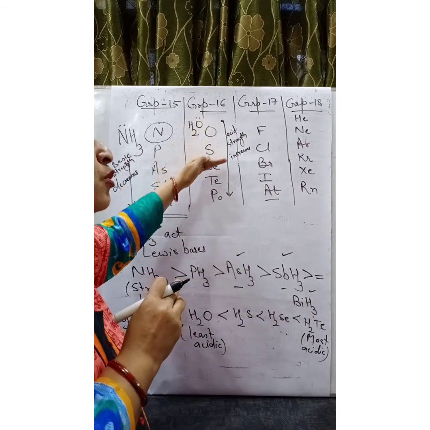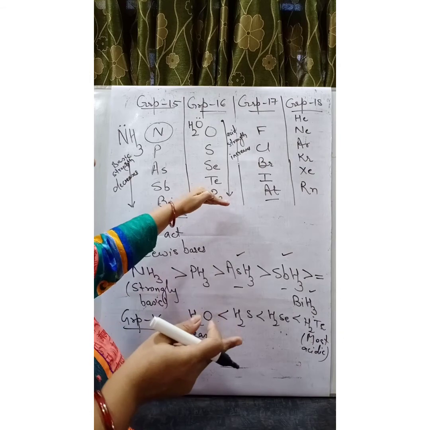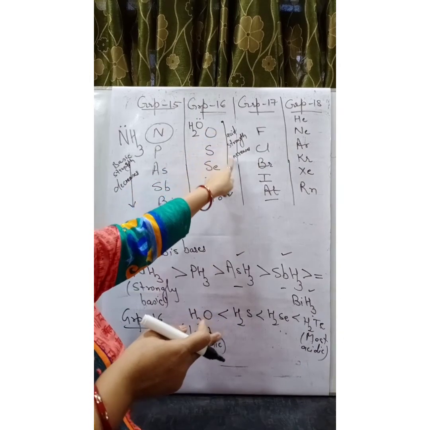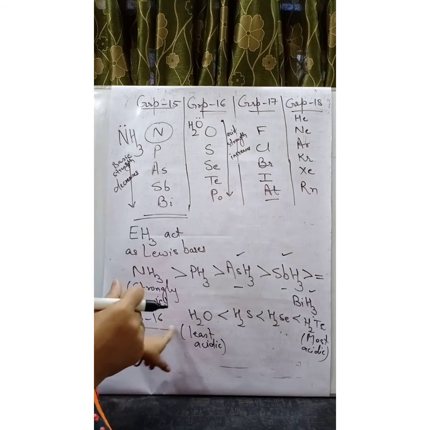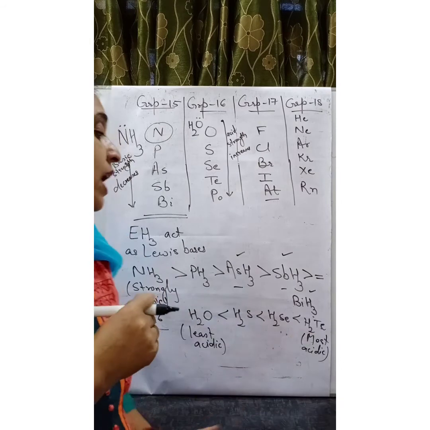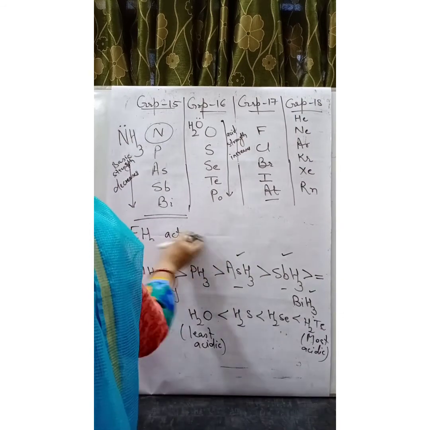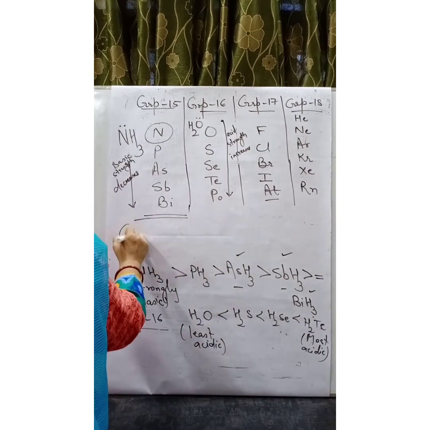So as we are moving down, the tendency to lose H plus ion increases, and that is why we can say acid strength increases in a group. So for group number 16, we can say H2O is least acidic, and slowly as we move down, H2Te is most acidic.